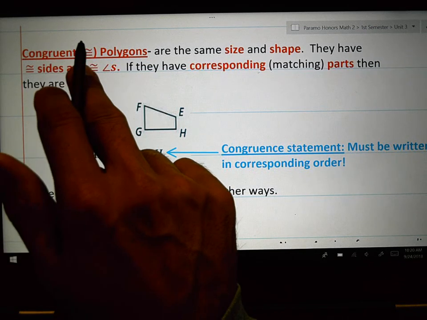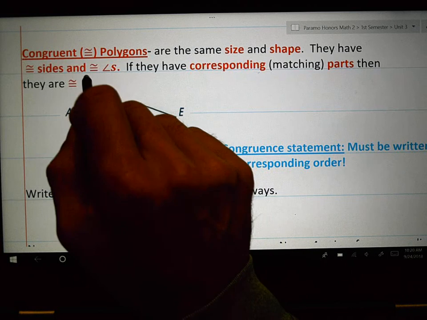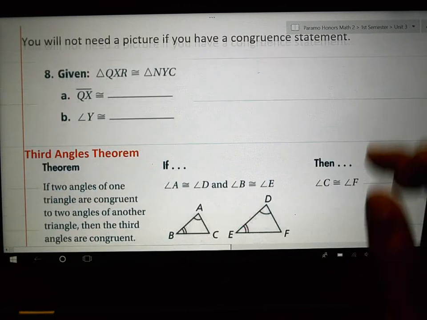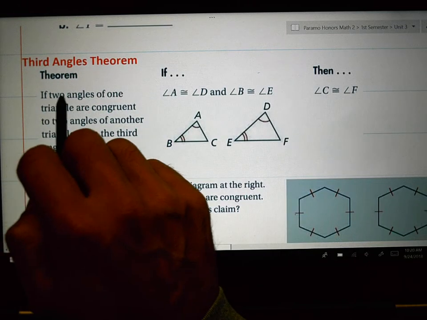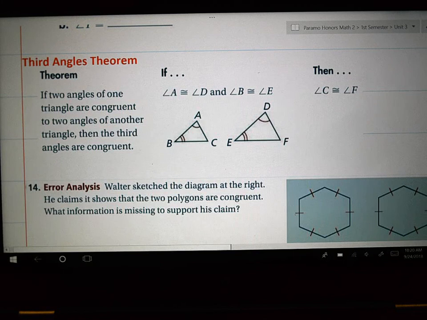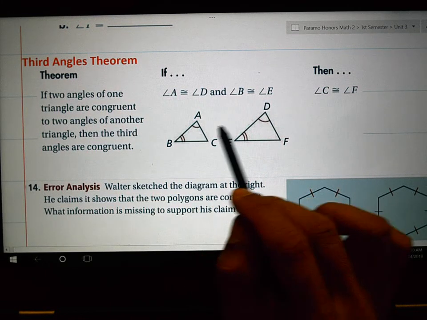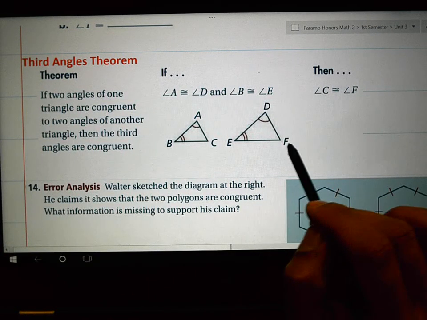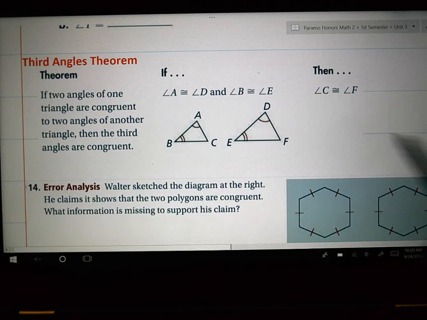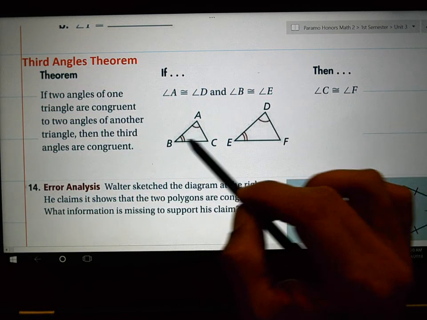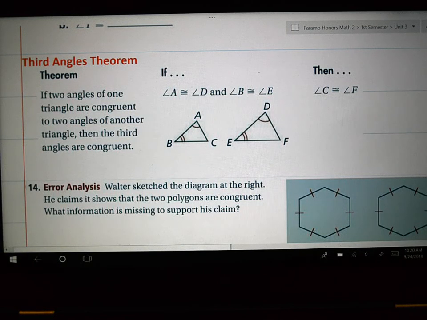The only way you can get around their angles being congruent to each other is this other thing called the third angles theorem. If all the sides are congruent, awesome, but all their angles have to be congruent unless two of their angles match two of the other angles. Their third angles are going to match because all three of these add to 180, all three of these add to 180, these two are the same, these two are the same, so the third angle has to be the same as the other one.